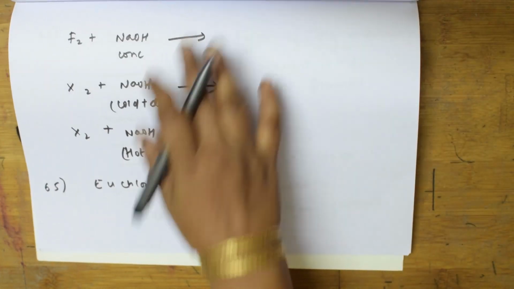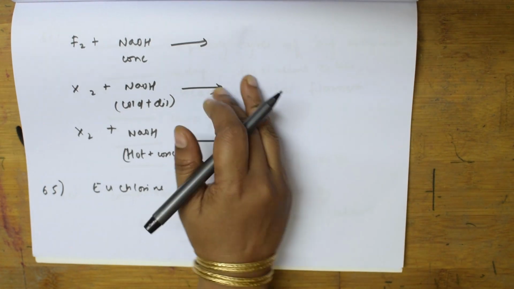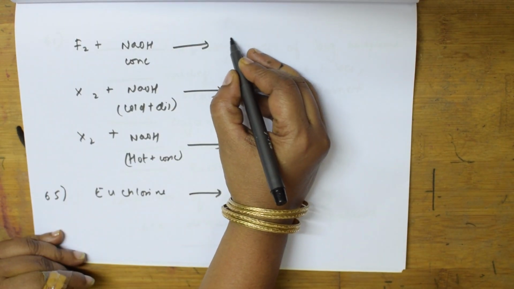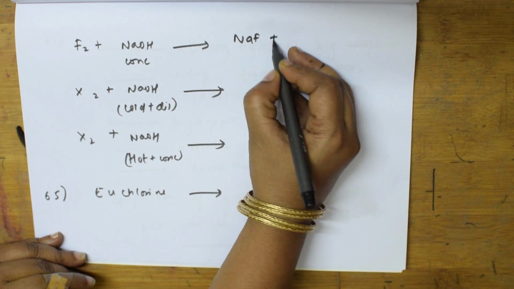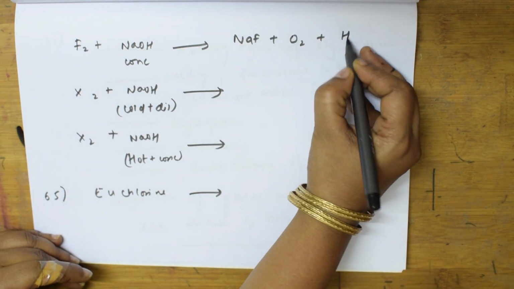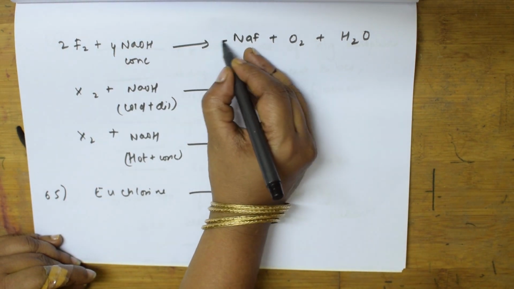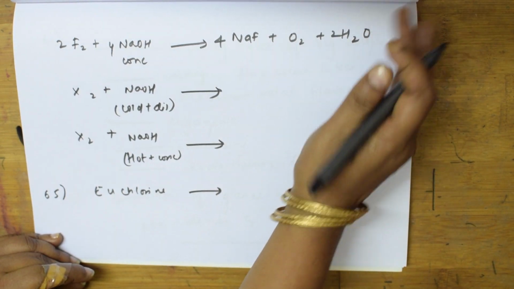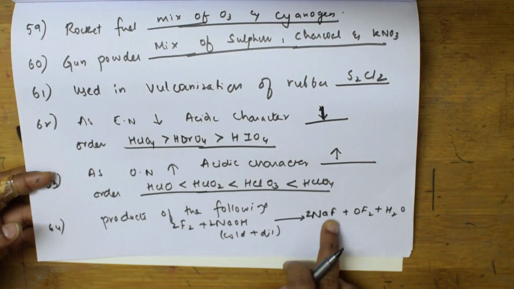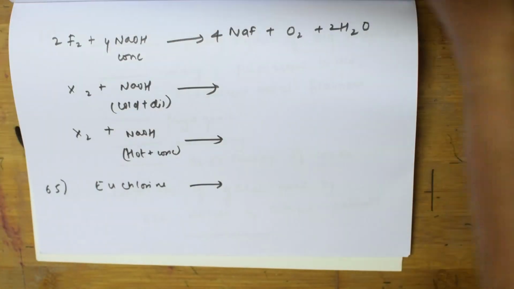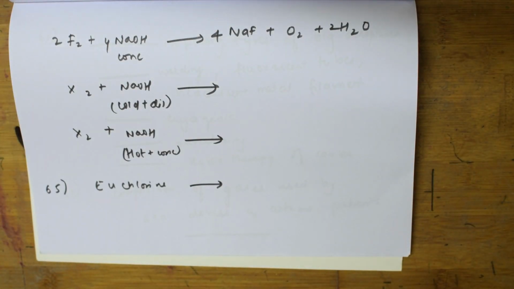Next, if you are treating fluorine with concentrated NaOH, the product formed is NaF plus oxygen and H2O. Let me balance: 2, 4, here 4 and here 2. For dilute you get OF2, for concentrated you get oxygen. Remember that. Yes students, right.